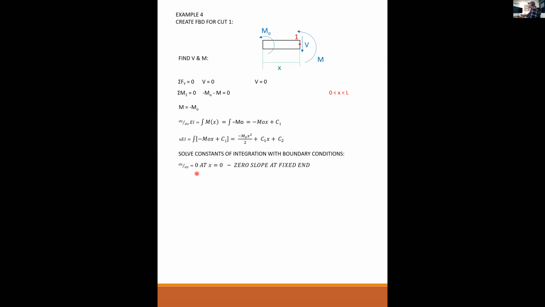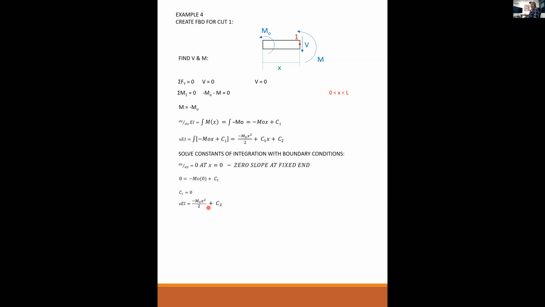So I take my equation for the slope, plug in 0 for the slope and 0 for x, and I find that C1 is equal to 0. Then I drop down to vEI and rewrite it with my value of C1, which is 0. So vEI is equal to minus M naught x squared over 2 plus C2.